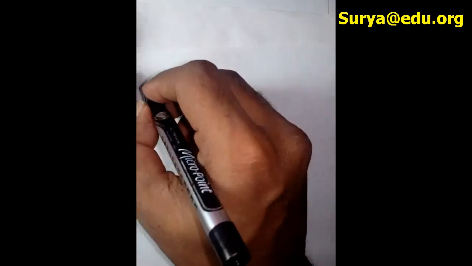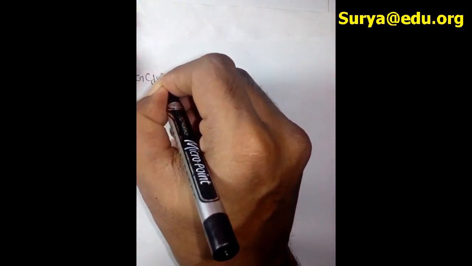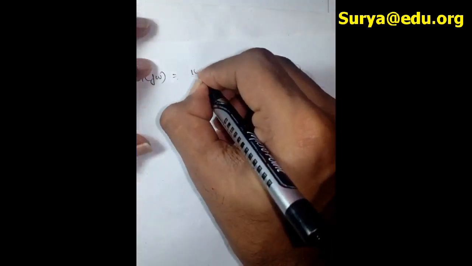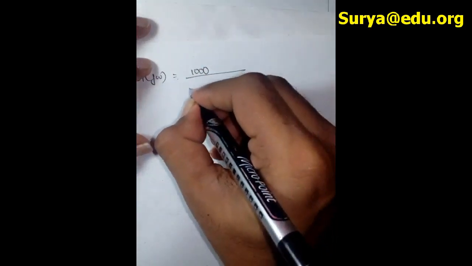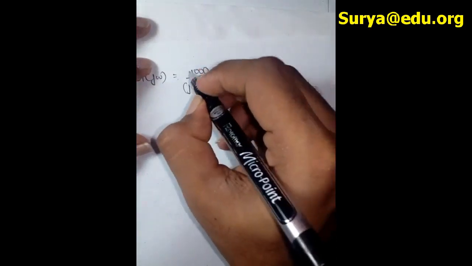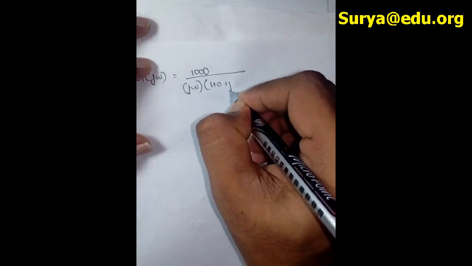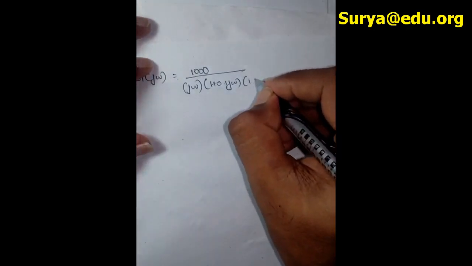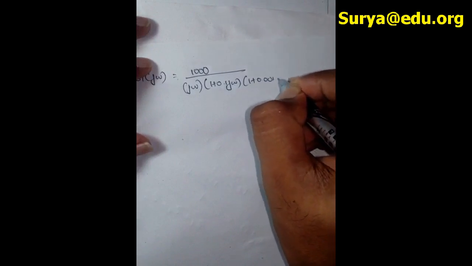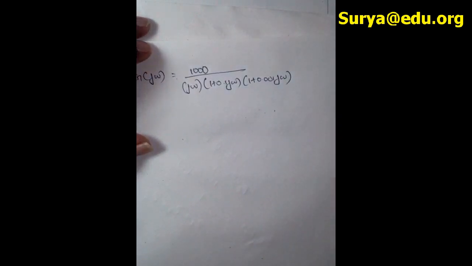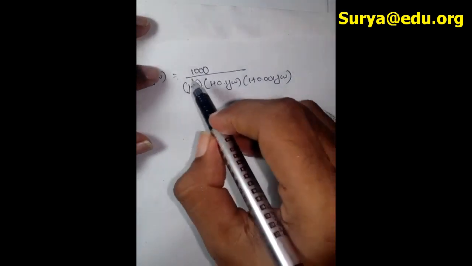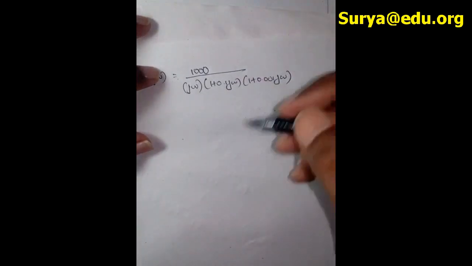How can you convert that? This is what we have initially. Carefully focus, guys. G(j omega) equals 1000 divided by j omega, which is the first compartment, times (1 plus 0.1 j omega) times (1 plus 0.001 j omega). We consider this as three complex numbers in the denominator.